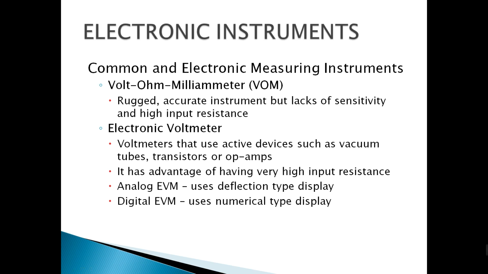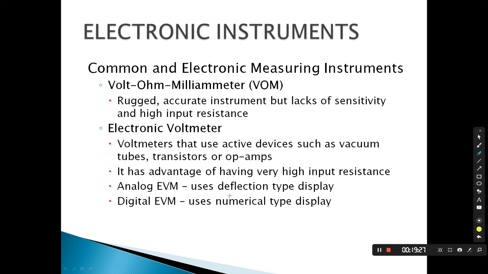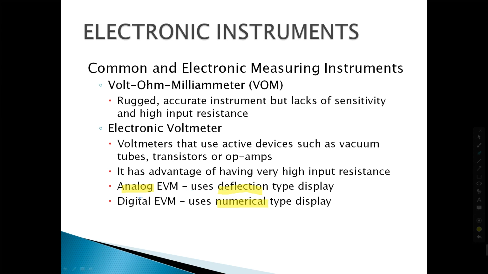Can be analog or digital, depending upon the type of display. If it uses deflection, we call that analog, while if it uses numerical display, it is a digital electronic voltmeter.